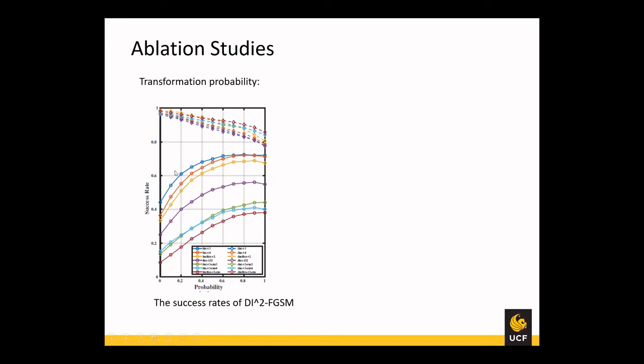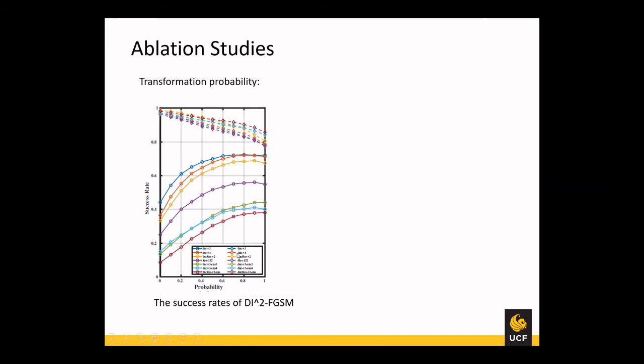It is pretty clear that in case of DI square FGSM, increasing the probability increases the success rate. But in the case of white box setup, increasing the probability actually decreases the success rates. However, the decrease is not that steep, but the increase is very steep.